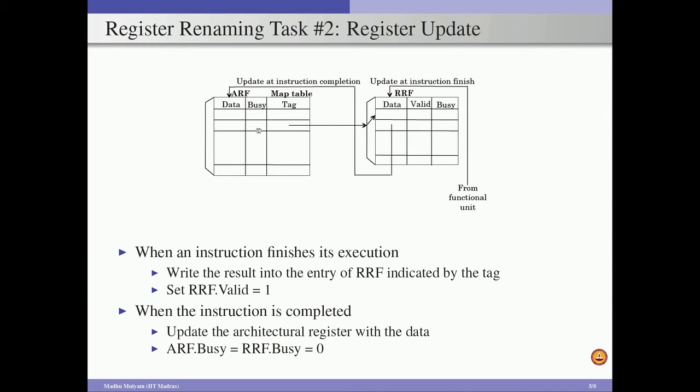So, as a result, we have to set the busy bit to 0. That indicates that this mapping is now lost. And once we have busy bit 0, any dependent or trailing instructions which want to use this value from the architectural register will be supplied directly from the ARF, and there is no connection between ARF and RRF for this particular architectural register. That will be indicated by resetting this busy bit.